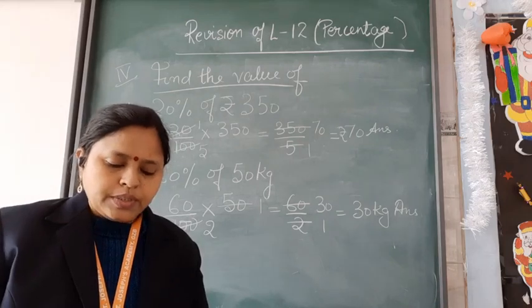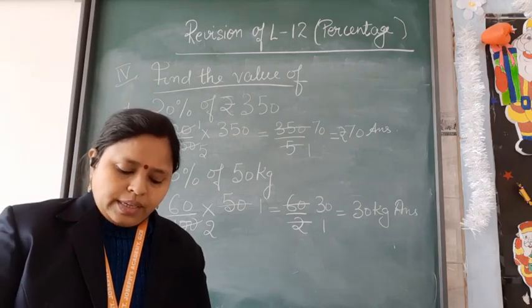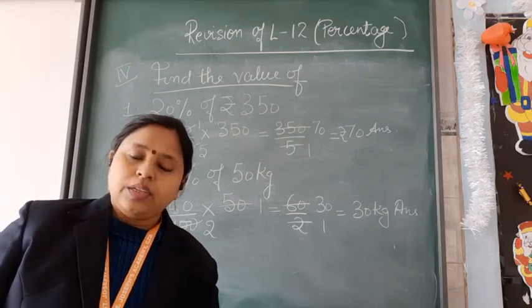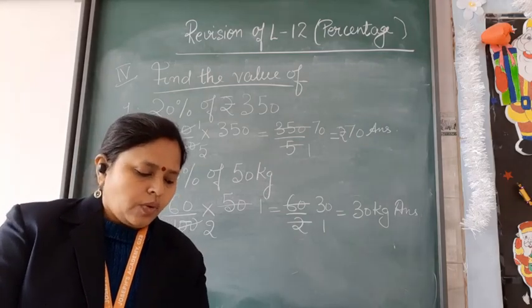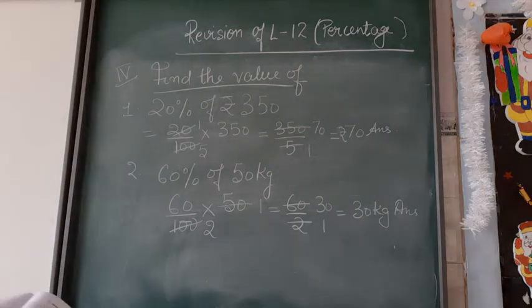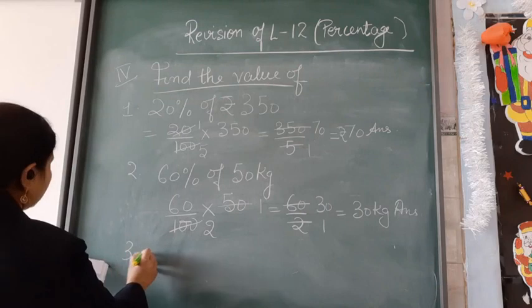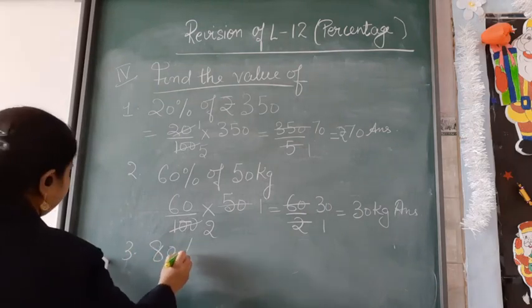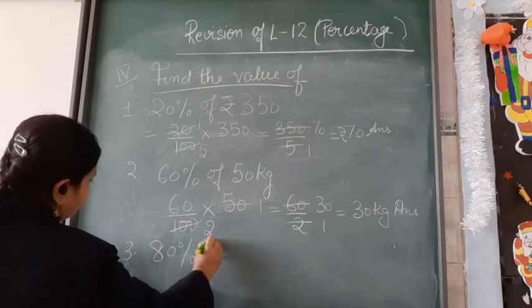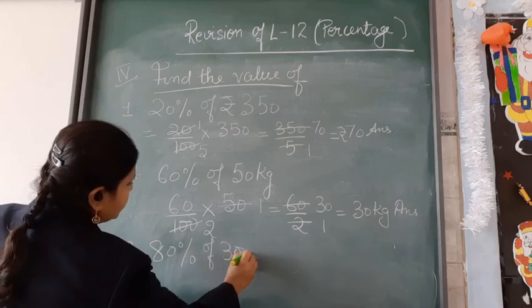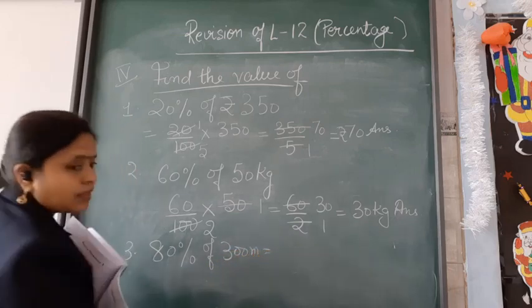So now children, let's come to the next part of this question. So now let us do one more part of this question, and this is 80% of 300 meter. Right?